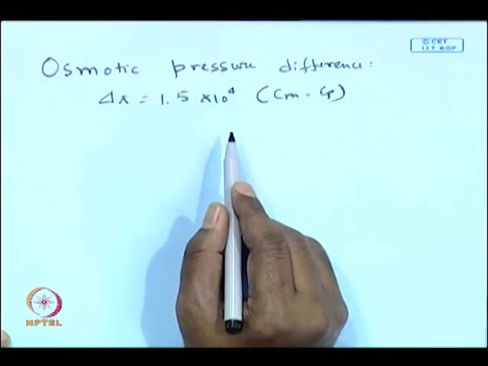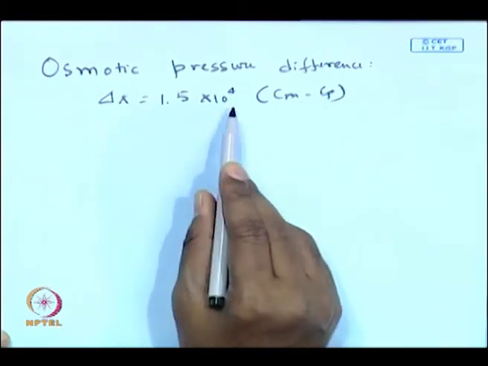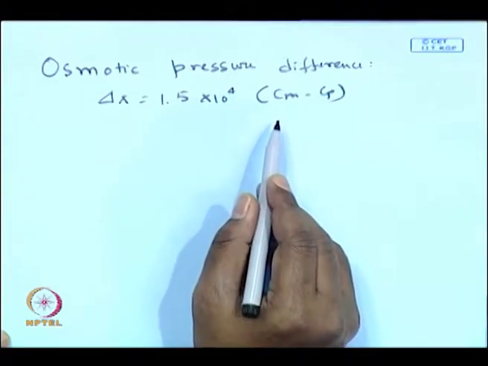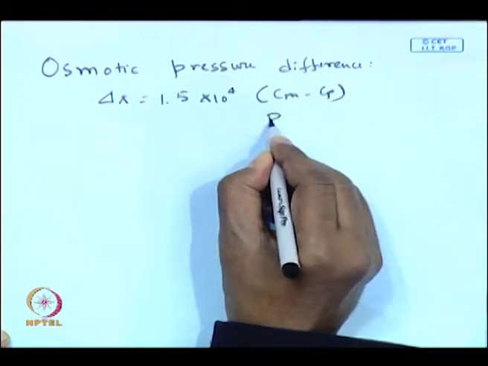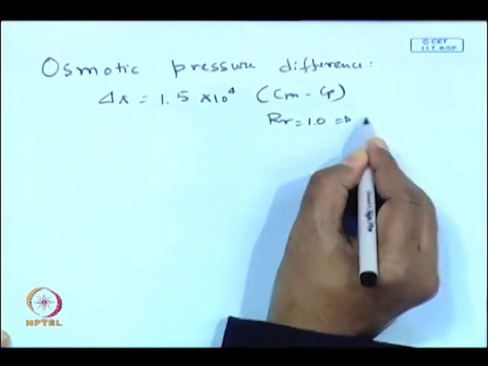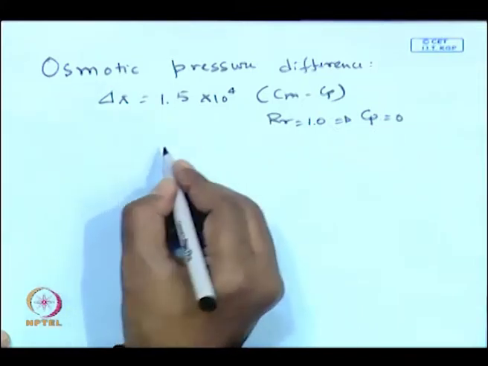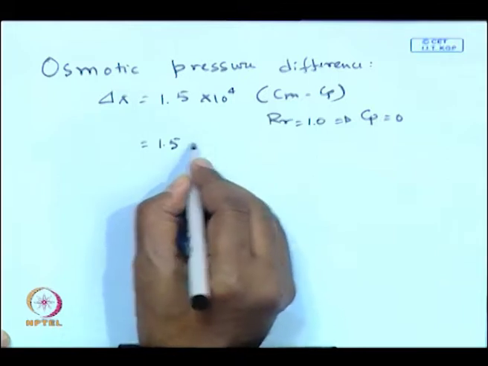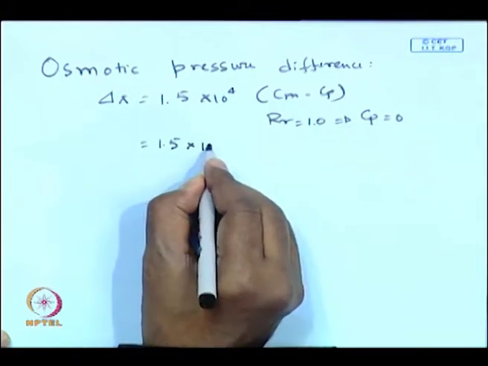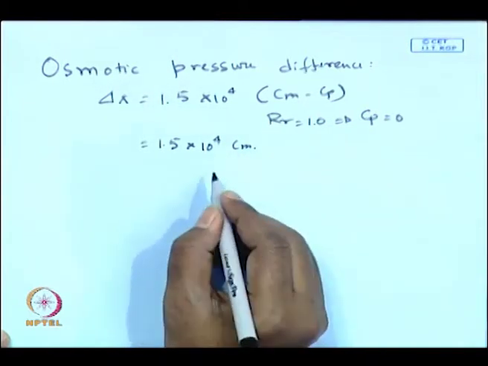Since pi is given as a linear function of concentration, this will be 1.5 into 10 to the power 4 (cm minus Cp). Since Rr is equal to 1, your permeate concentration Cp will be equal to 0. So, delta pi will be nothing but 1.5 into 10 to the power 4 times cm.